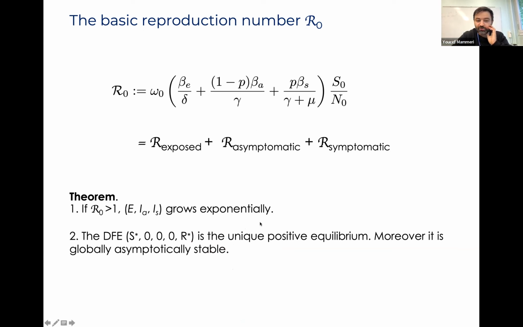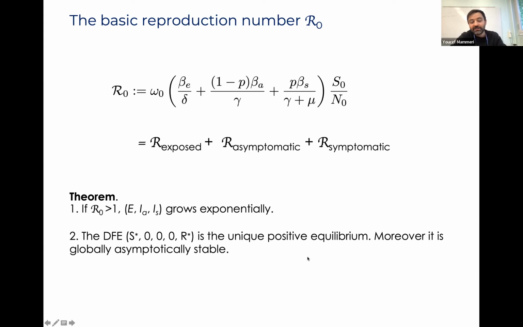Just to put some mathematics: if this is greater than 1, the epidemic will grow. And one other interesting thing in the model is that at the end, you have only susceptible and recovered. What does it mean?